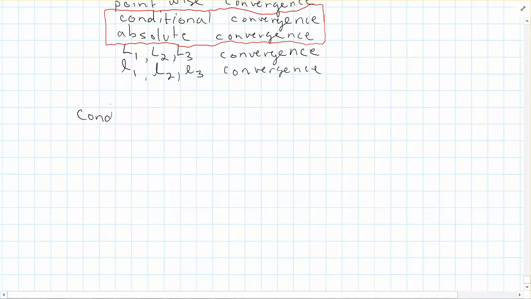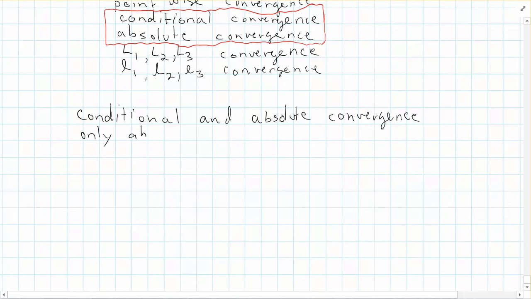So first off, conditional and absolute convergence only apply to alternating series. So you really want to think about when you see an alternating series, this is a completely separate thing from all the other tests.